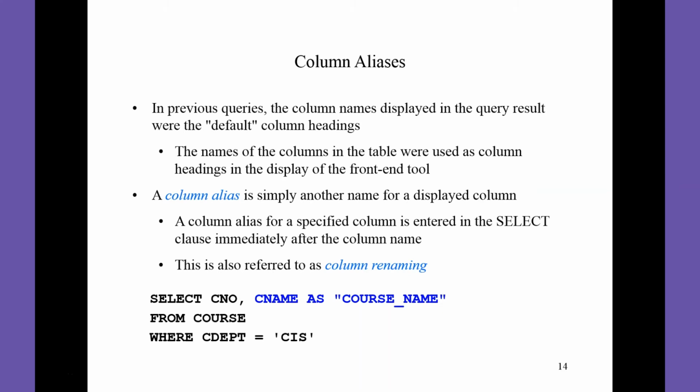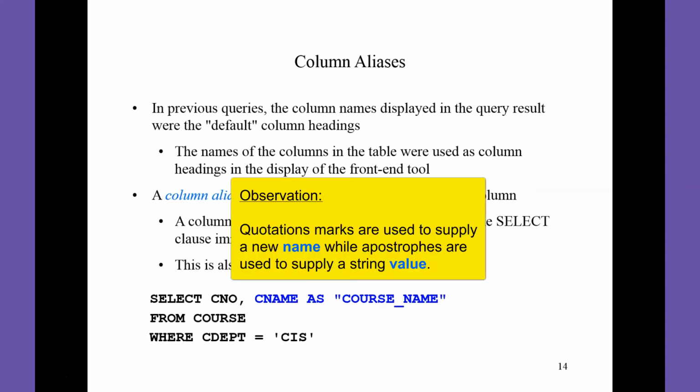Generally speaking, I think it's good practice to use the quotation marks for the new name. Again, it emphasizes to the reader of the query that there's a renaming of the column in progress. This brings up another point. Notice that the quotation marks are used to give a new name, but the apostrophes are used to supply an actual data value in our predicate here.